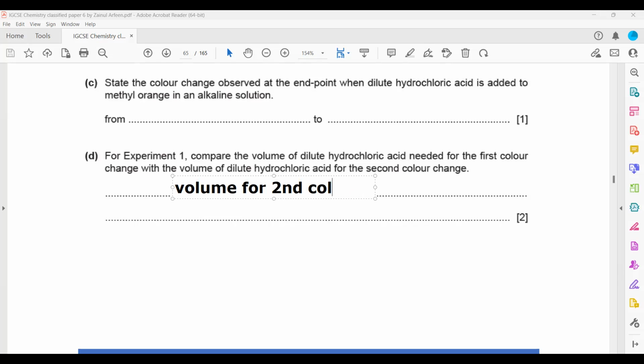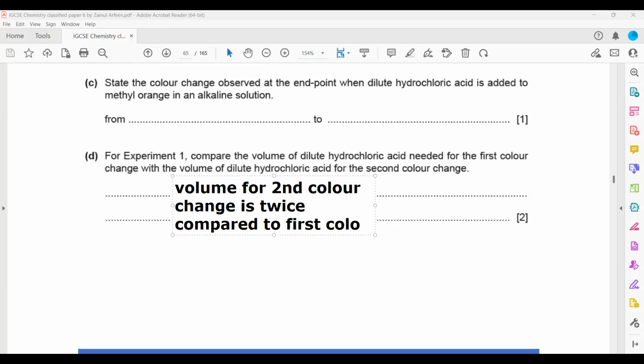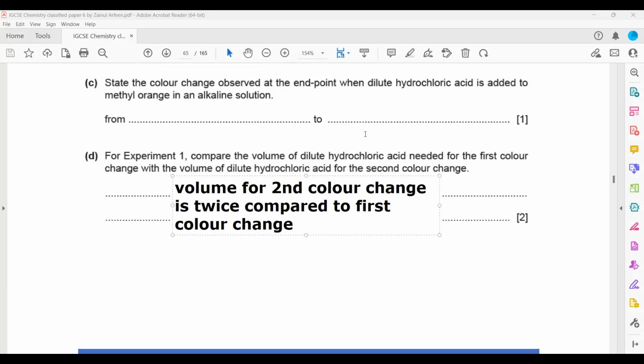The volume for the second color change is twice compared to the first color change. And how do we identify it's twice? Because you just compare the volumes, 10.4 and 20.8, so it appears it is twice.